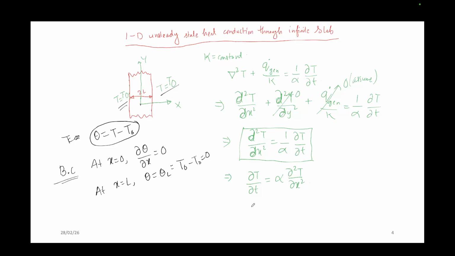Now as I have replaced it in this form, in place of T I can write d theta by dt equals alpha d square theta by dx square. I hope that it is clear to all of you. Now I take this theta as a function of f and g.